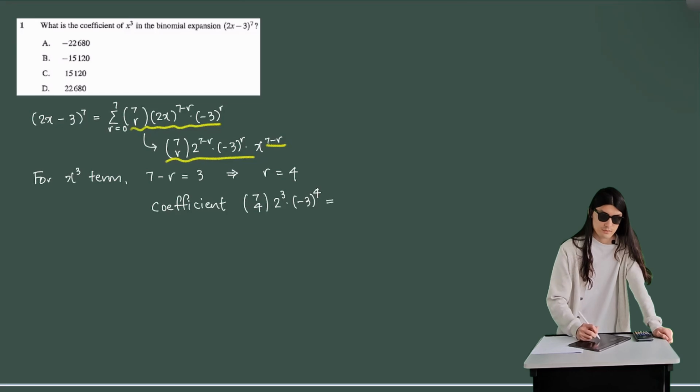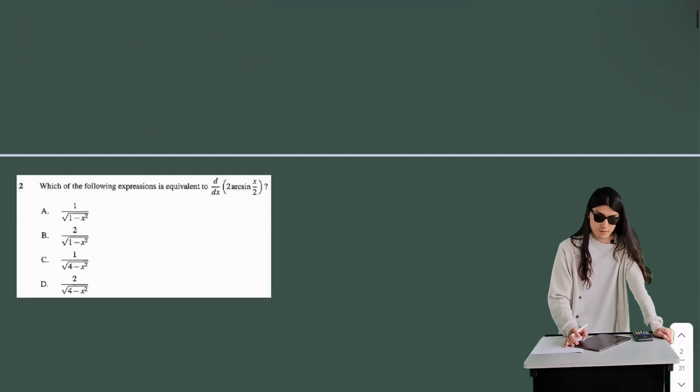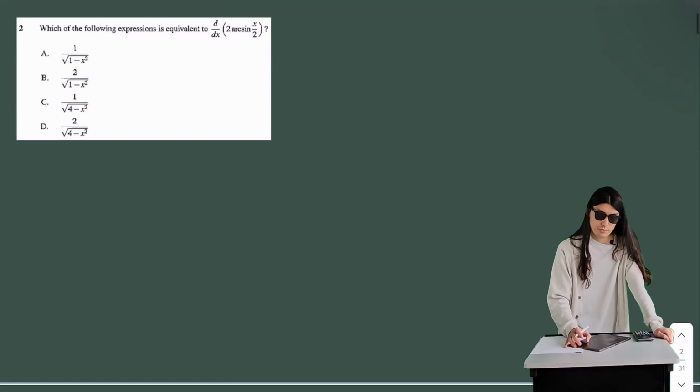And that goes inside the calculator. And from there, the correct answer is D, 22680. Okay, moving on to question number 2.